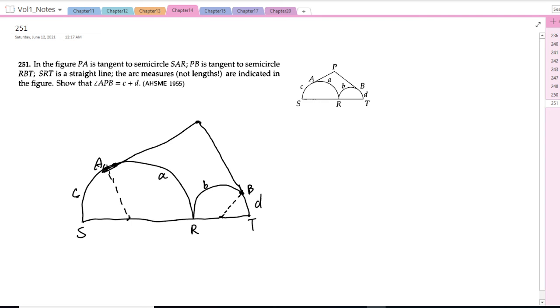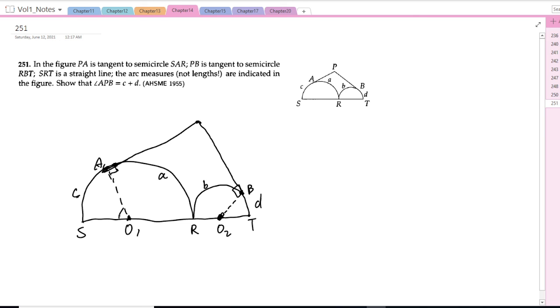Okay, normally when we are involved with a tangent, we always connect with the center because there is a 90 degree angle. Okay, so O1 and O2.